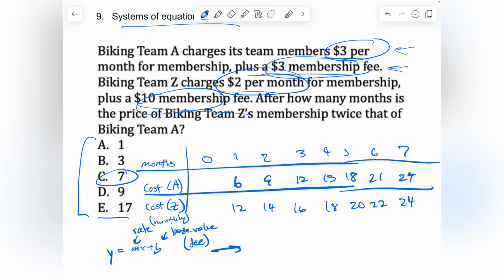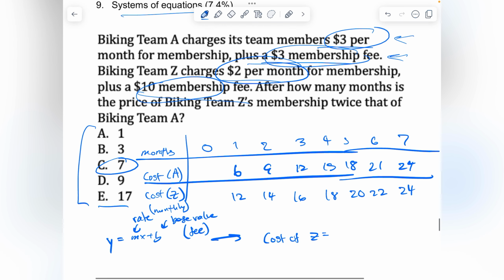So your function for cost of Z is going to equal, and I'm going to compare it to cost of A. Cost of A is equal to, A is $3 per month plus $3 membership fee, so let's just say 3x plus 3, where x is the number of months.